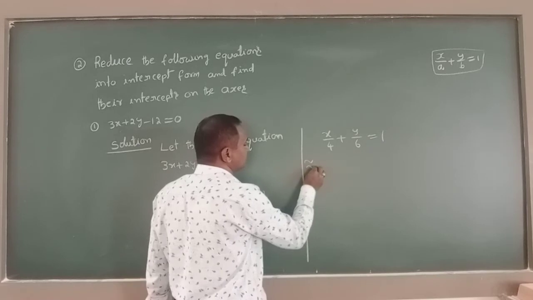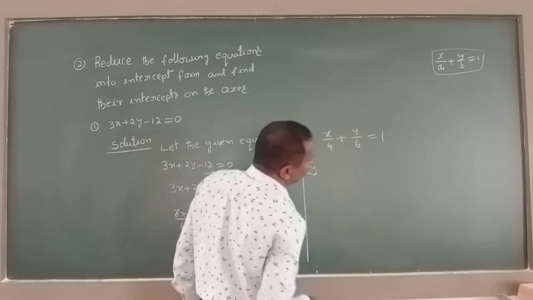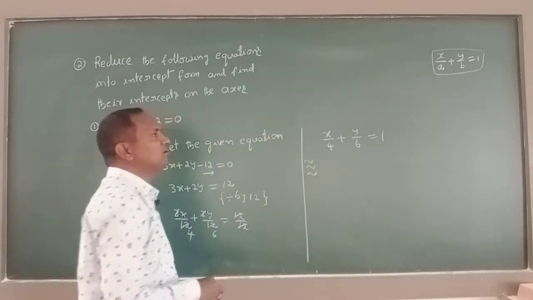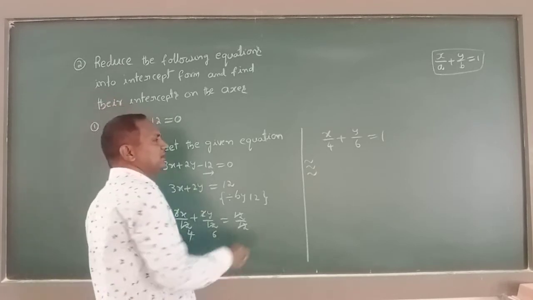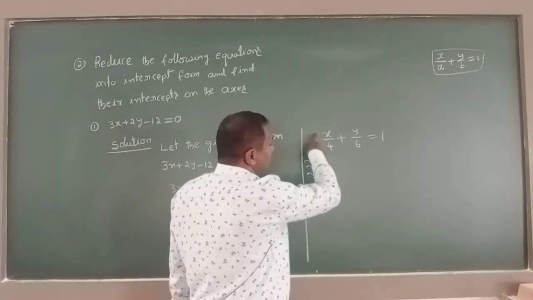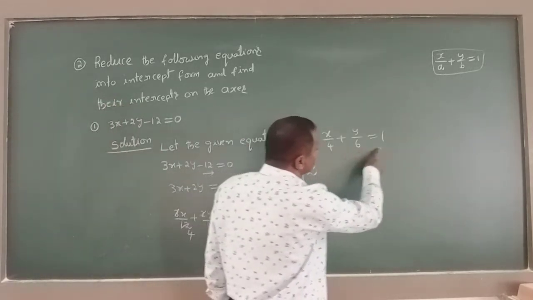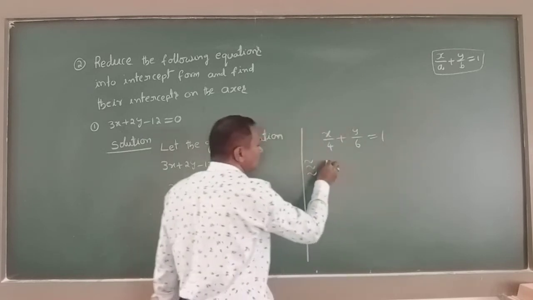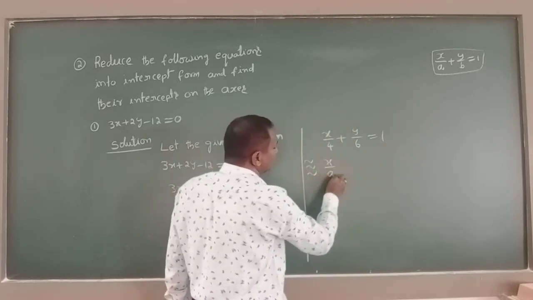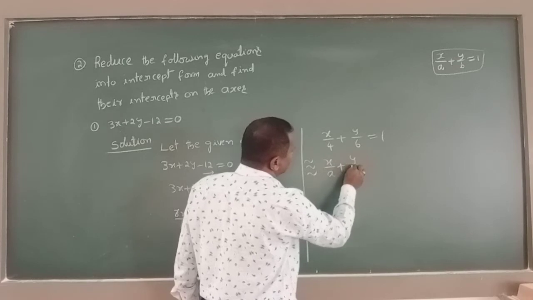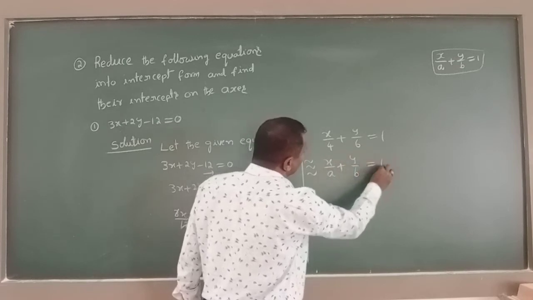Now we compare this equation with the general intercept form of the equation of a straight line, x by a plus y by b is equal to 1.